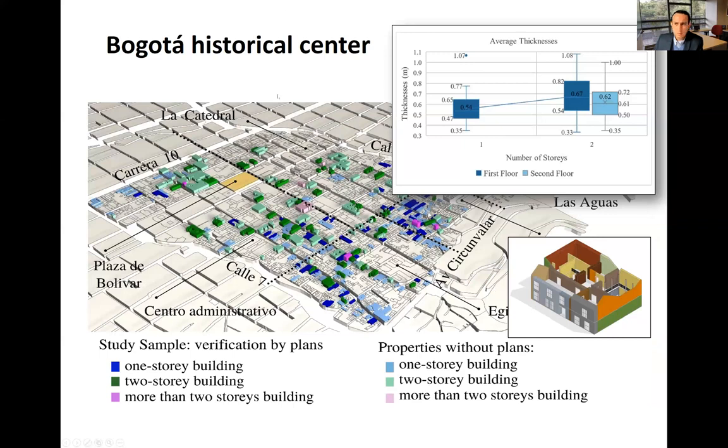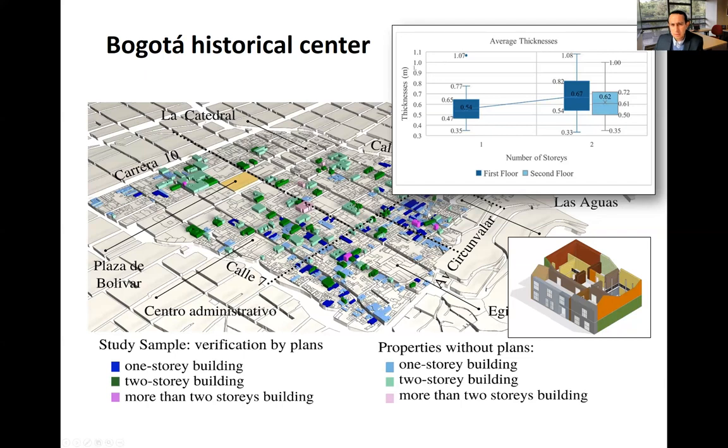We did a study of this historical center and found, as you can see with the colors, one-story buildings in blue, and in green, two-story buildings. So there are a lot of two-story buildings in this town, and also one-story ones. All these properties are made of earth.